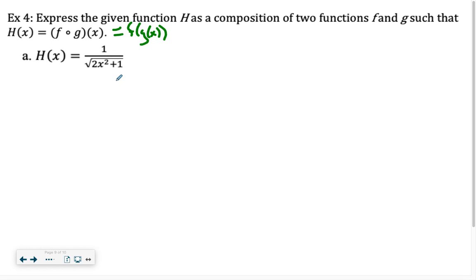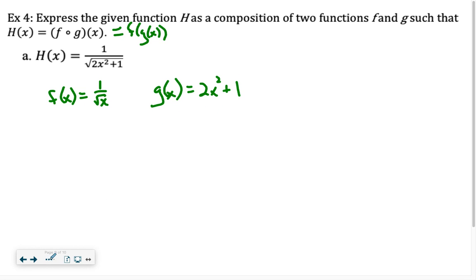I could say, if I want to make f my larger function and then plug g into it, for this example, I could say something like f of x equals 1 over the square root of x, and then my g of x is whatever's on the inside of that square root, 2x squared plus 1.